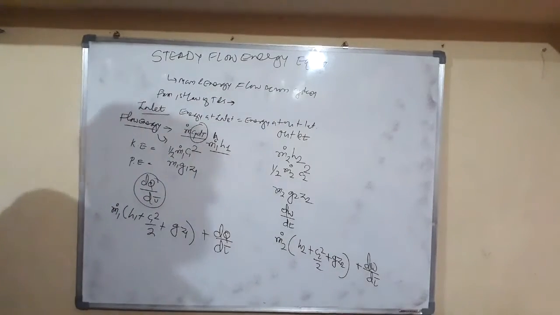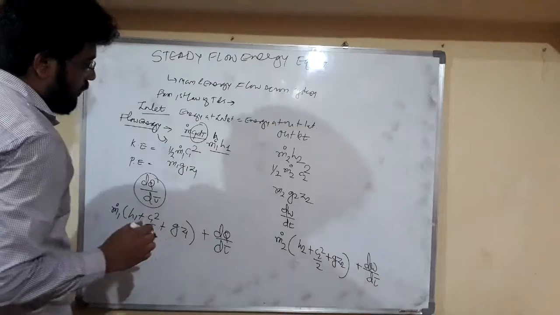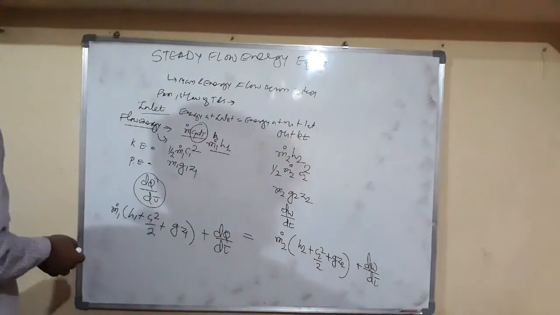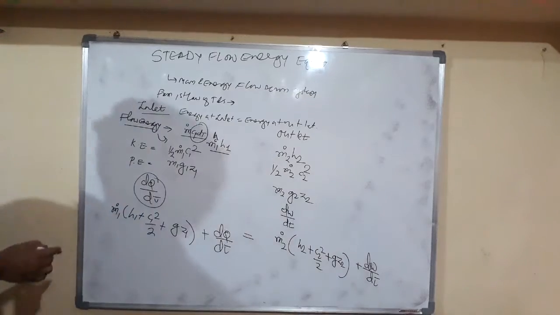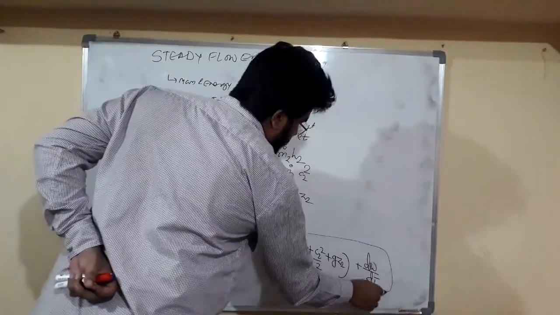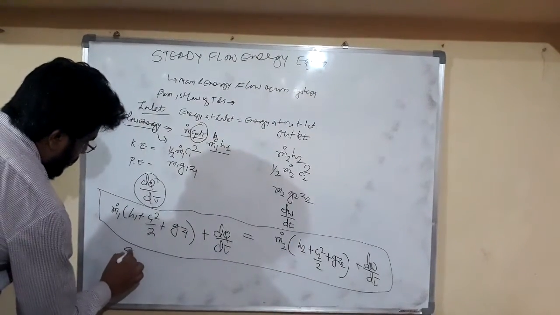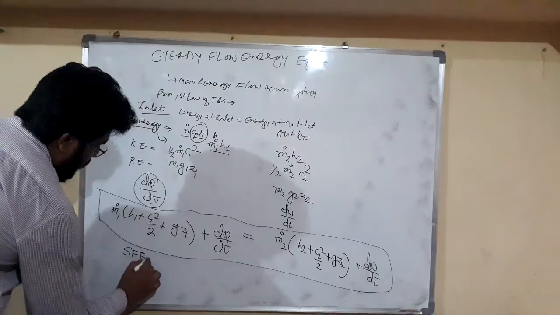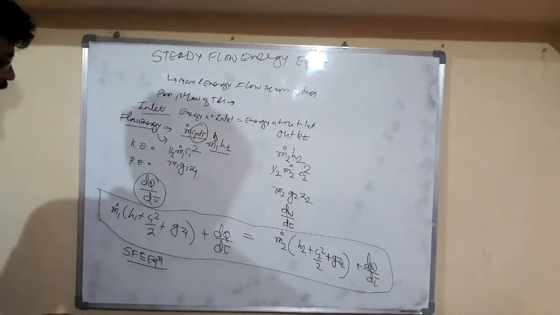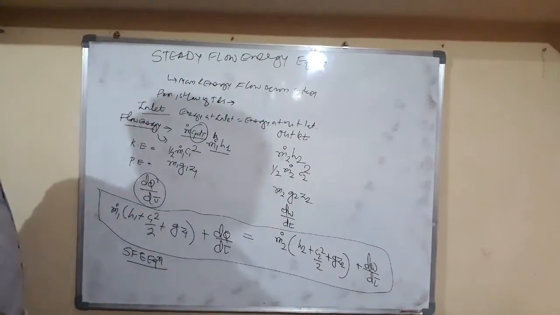And friends, from the first law of thermodynamics, energy at inlet is equal to energy at outlet. So both become equal. And friends, this is our steady flow energy equation, in which our mass flow rate remains constant.